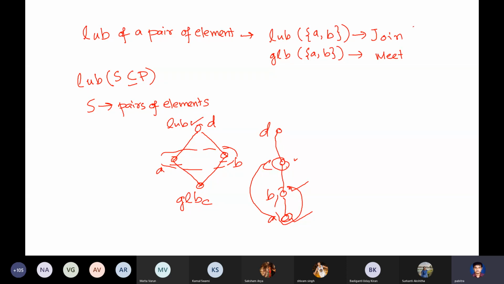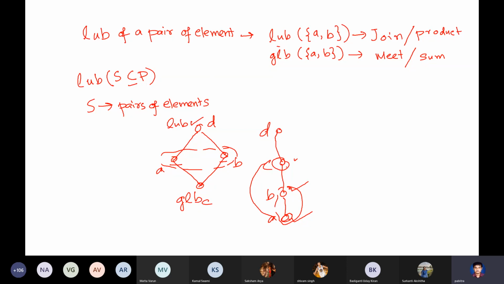In fact, there is another name for this. This is sometimes called a product, and this is sometimes called a sum. Note that the least upper bound and the greatest lower bound are themselves elements. They have to be elements of the partially ordered set P. And I write them as symbols.